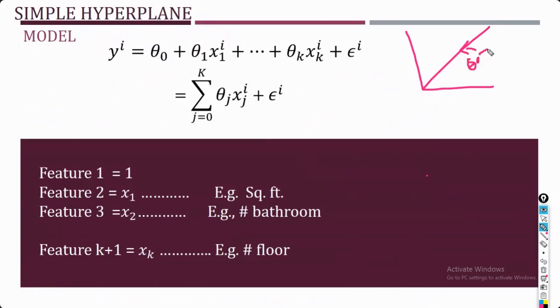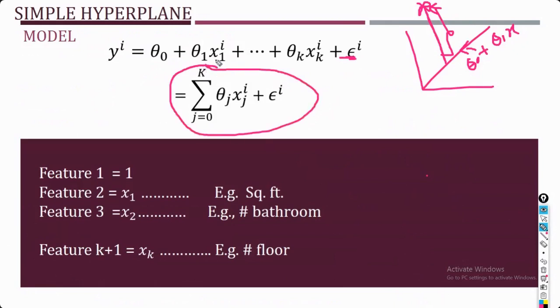We were using theta naught plus theta 1 x, and at this location we have some value, so we have this much of difference. We represented this as theta naught plus theta 1 x plus epsilon, where epsilon represents this difference. So this is what we have written here, and now we can summarize it into this format.